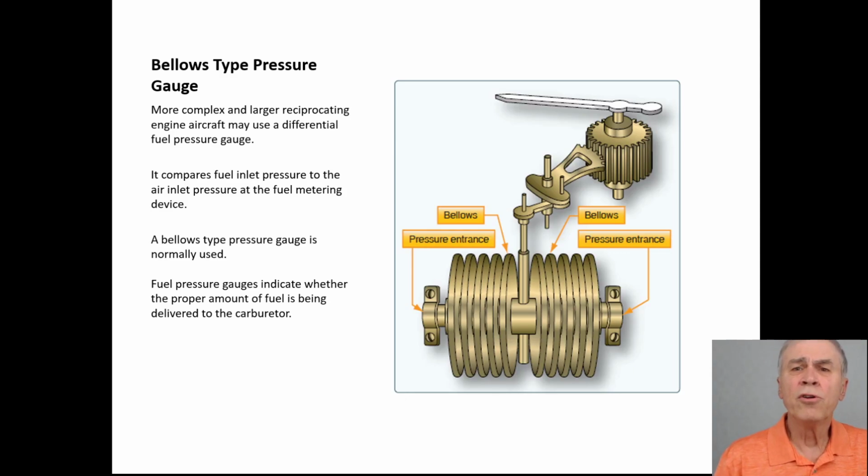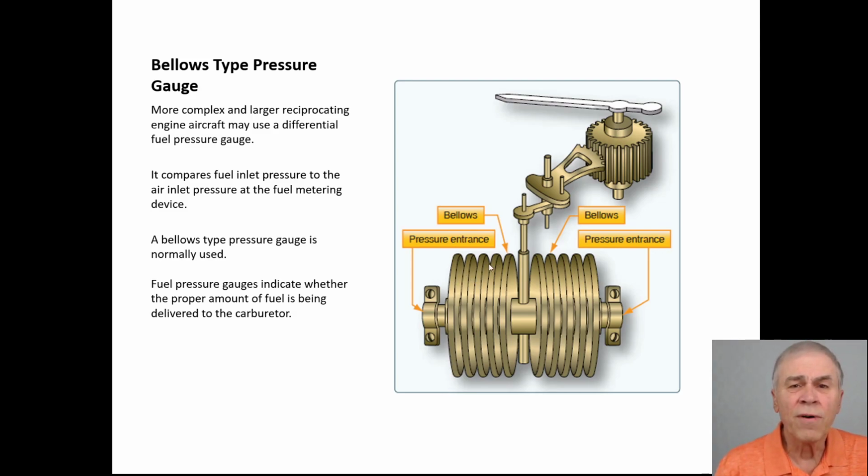Instead of a Bourdon tube, many instruments use bellows. I think of it as a little handheld accordion, where bellows, which I think we'll see a slide on, or a diaphragm, a single bellow, is just one section.